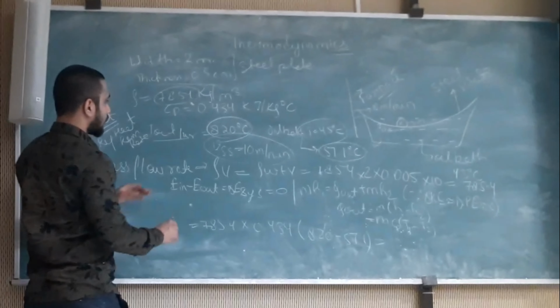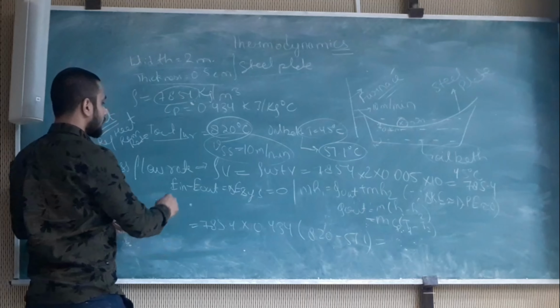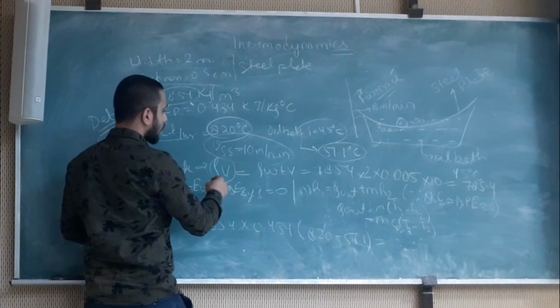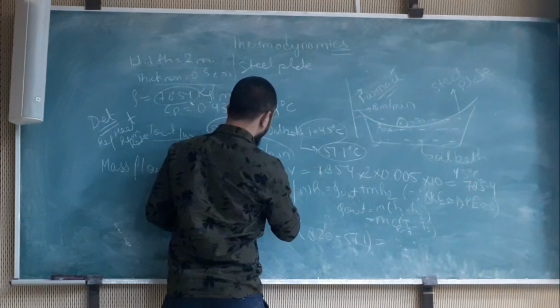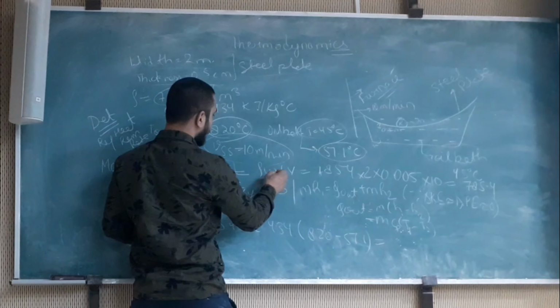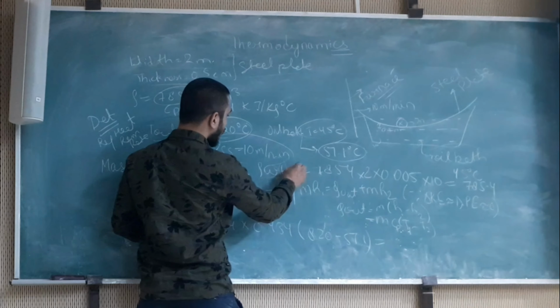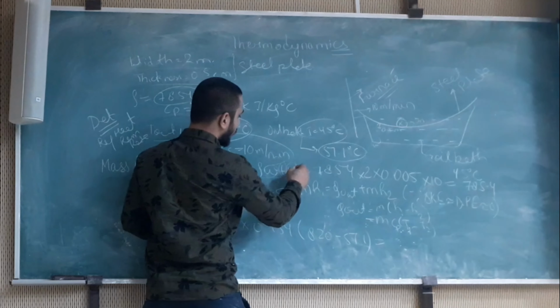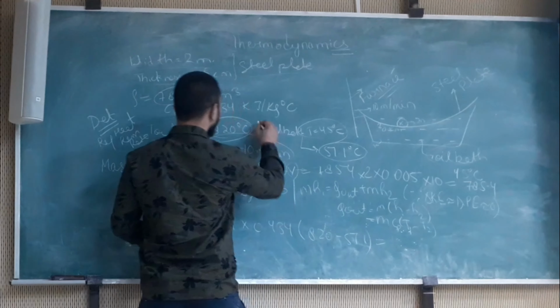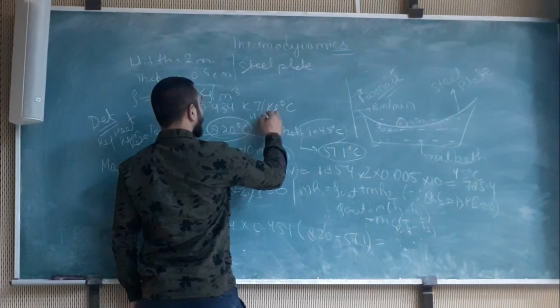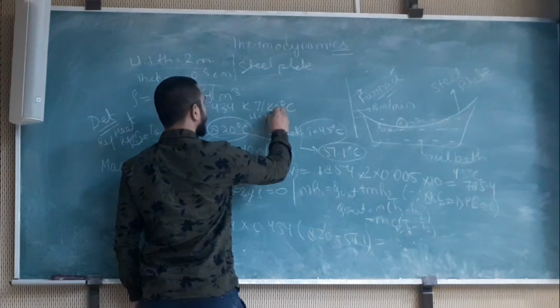So we can calculate the mass flow rate which will be touching this steel plate as density into volume. Density of oil we will take. So density into volume, so density into width of the plate and thickness into the velocity. So this will be volume. The three dimensions are there: the width, the thickness and the velocity.